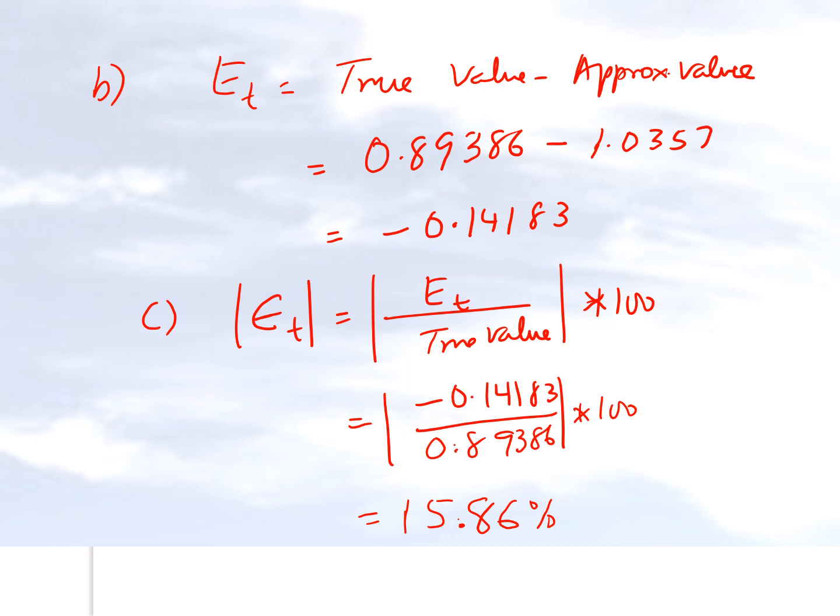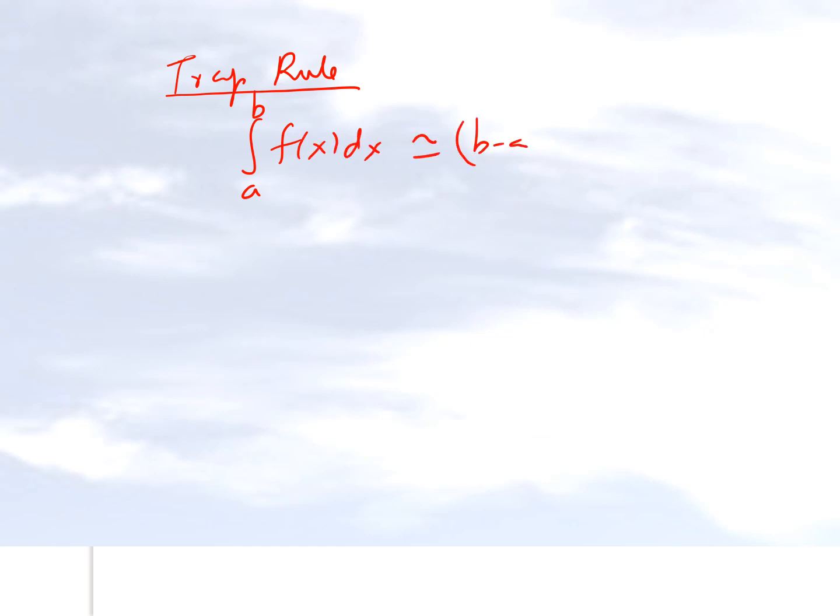One of the things which you got to recognize, though it's not part of the example, is that the true error is much less than what we got before when we had the trapezoid. So in the trapezoidal rule, if you look at the single application trapezoidal rule, we have the formula as this.